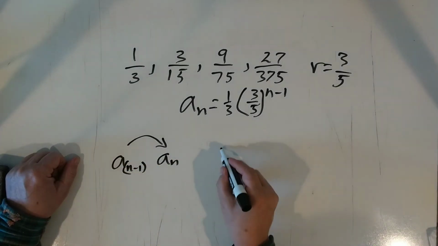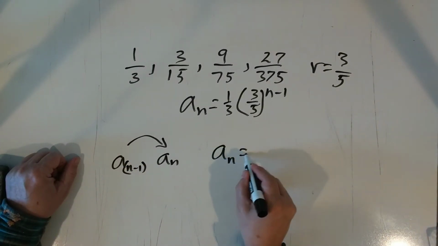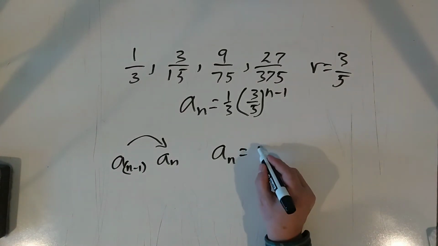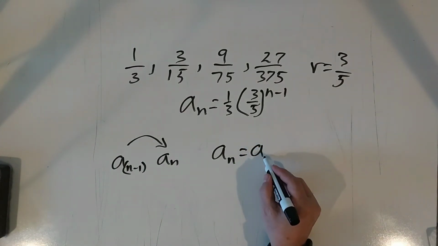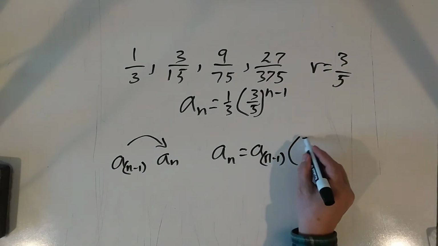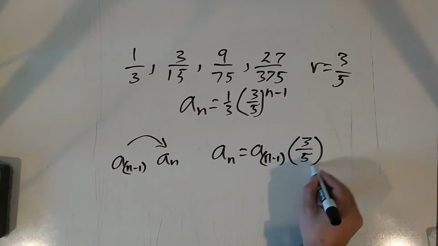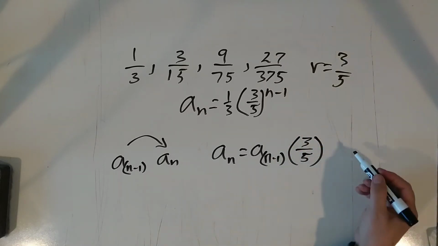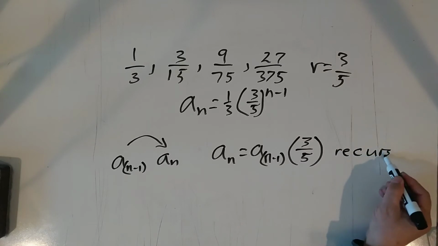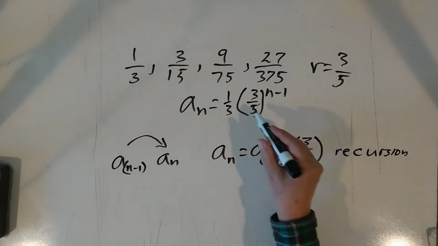And so a sub n, in this case, would equal the previous term, a sub n minus 1, times 3/5. And this would be a recursion formula. This is an index formula.